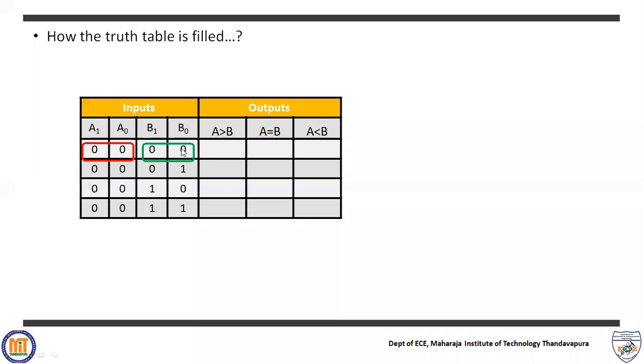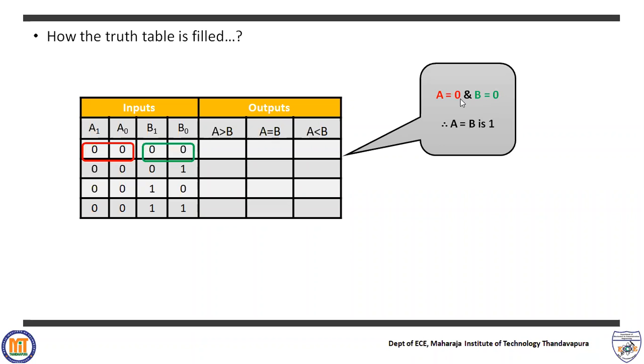The 2 bits will be converted into a single decimal value, which is 0 for A and also 0 for B. So A equals 0 and B equals 0. Obviously, A equal to B is supposed to be 1.